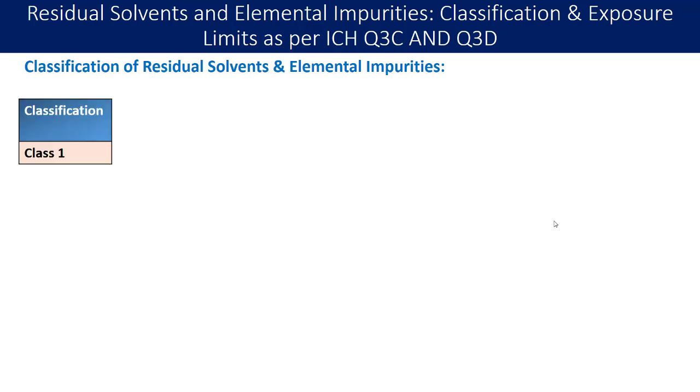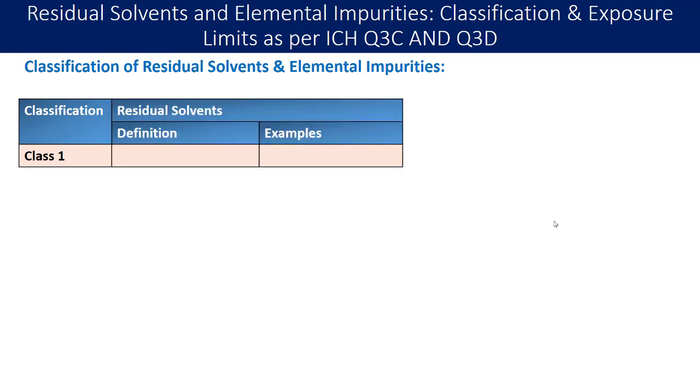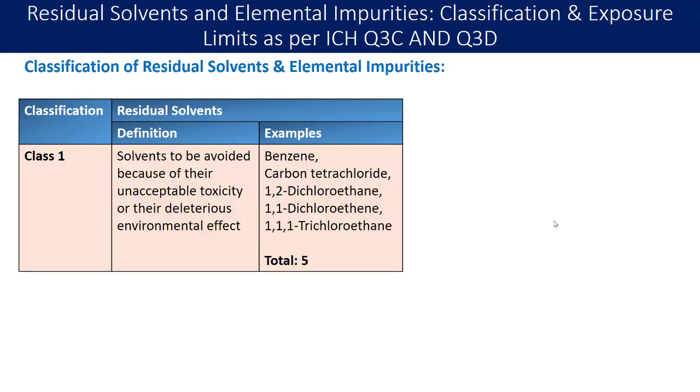See, there are common points between residual solvents and elemental impurities. So I tried to give a comparison between the residual solvents and elemental impurities for easy understanding. So what is class 1? If you look at class 1, as far as residual solvents are concerned, you will find the solvents to be avoided because of their unacceptable toxicity or their deleterious environmental effect.